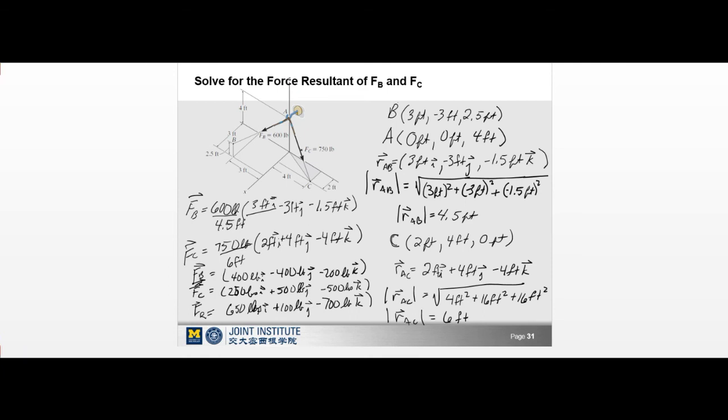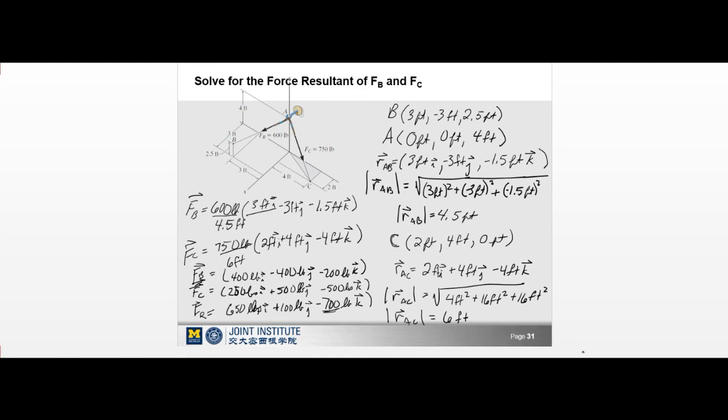Both FB and FC are pointed to the negative z. So you can see them pointed towards the negative z here. That means you should be adding two negatives here. So you got negative 200 and negative 500. You have something that's even larger for the force resultant in the z-axis. And the same kind of understanding you're going to do for the x-axis as well.